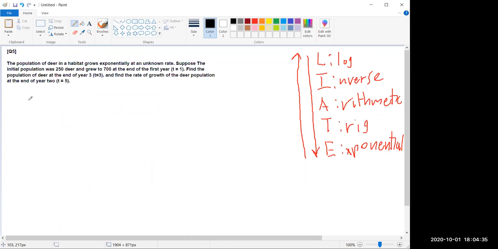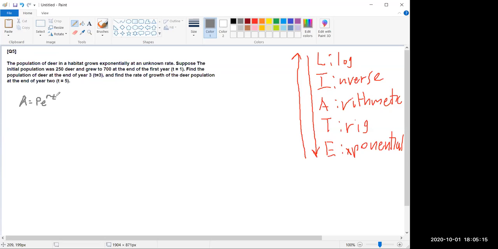It reads, the population of deer in a habitat grows exponentially at an unknown rate. Okay, right away from that first sentence, which formula should we use for this question? Per. Yeah, per. So we have A equals, let's use gray because we can't use colors here. A equals Pe to the power of rt.